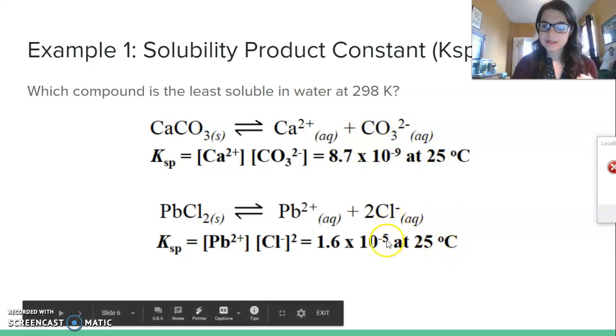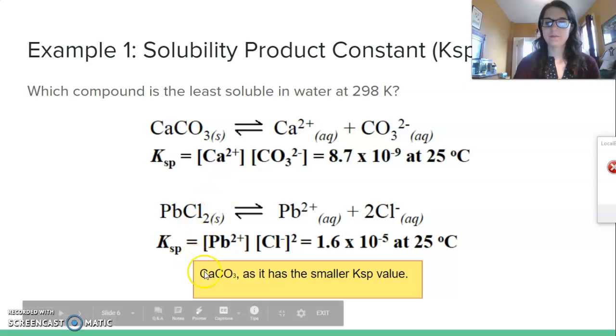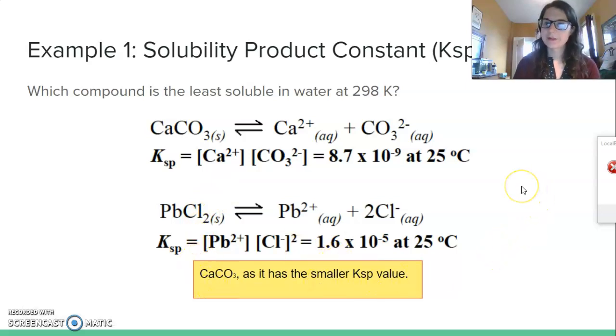But if this was a larger number, I would then have to consider that this is breaking up into 3 ions and this is only breaking up into 2, so really, which is more soluble? But since this is only 2 ions and a smaller number, I'm very confident that calcium carbonate is less soluble in water. It has a smaller Ksp value, so I'm confident in that answer.